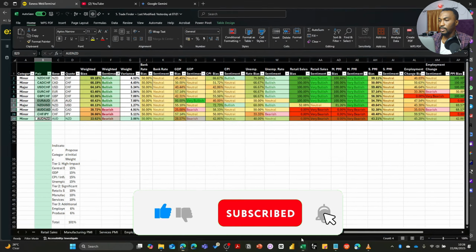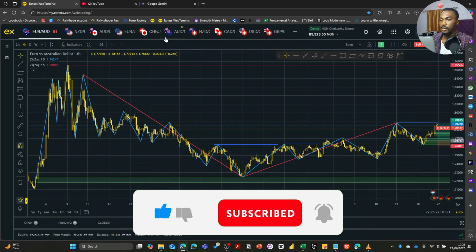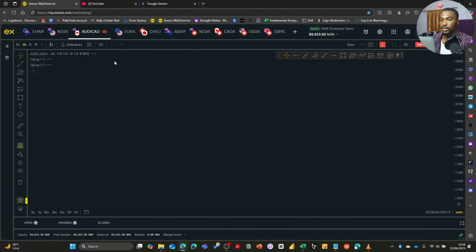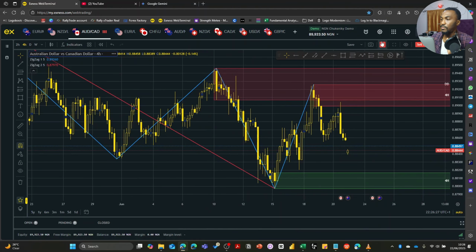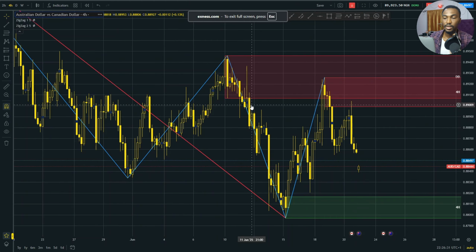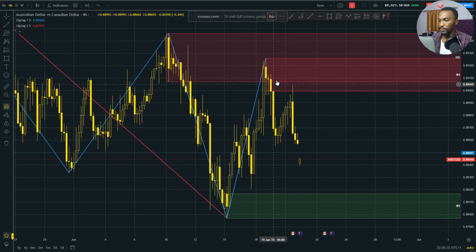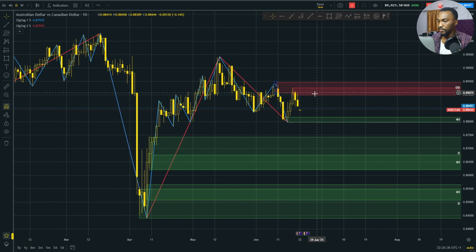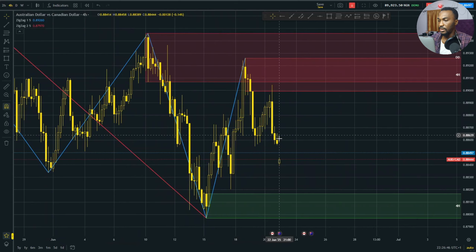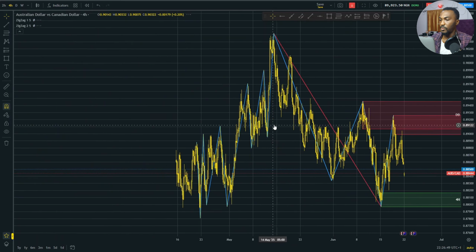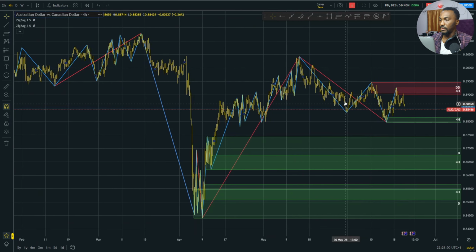The Australian dollar, Canadian dollar. Okay, so this is the market where I have the clearest of zones. You can see it right here. I already drew it. I have a daily zone right here with lots and lots of demand zones to meet. And then I have a 4 hour zone which has been mitigated, and price seems to be pushing well against me.